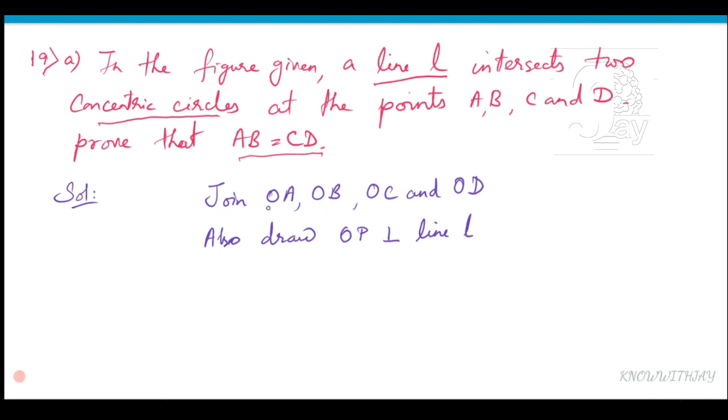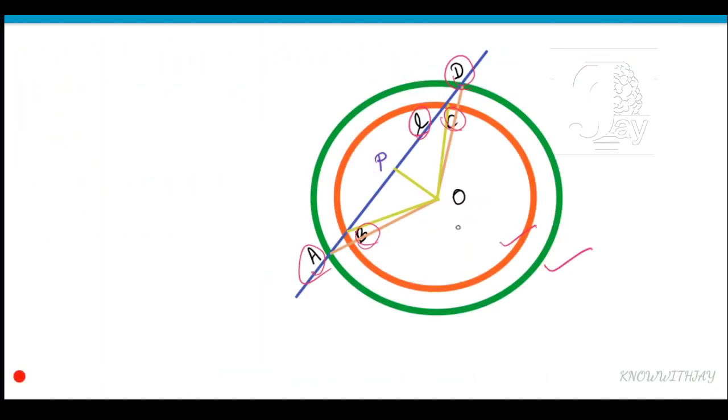What we are going to do is join all the radii OA, OB, OC and OD. Also we have to draw the perpendicular from O to the line L. So these are the radii for the two circles. OA and OD are the radii of the larger circle, and OB and OC are the radii of the smaller circle.